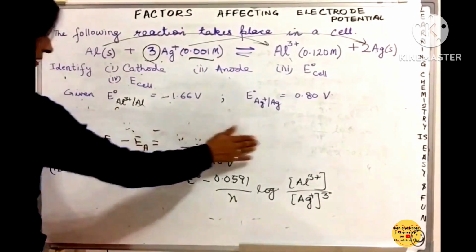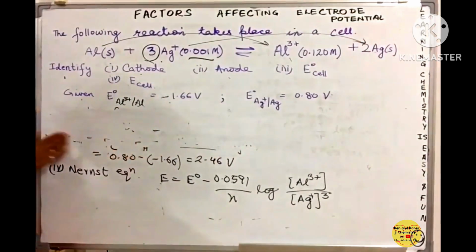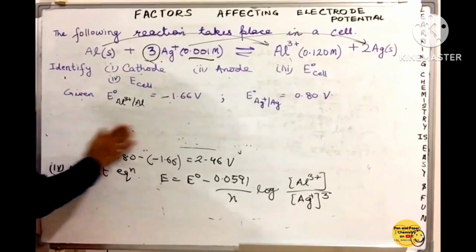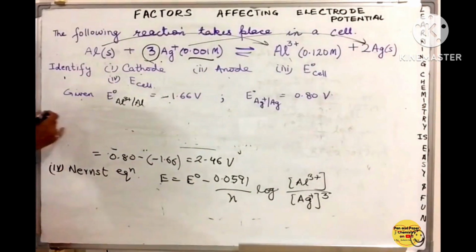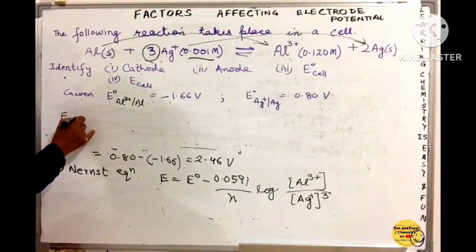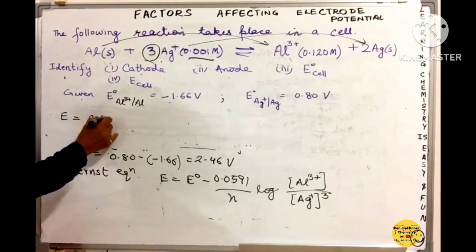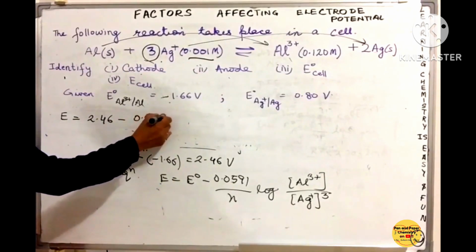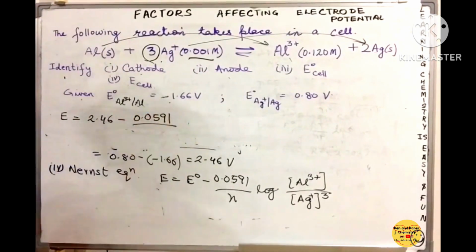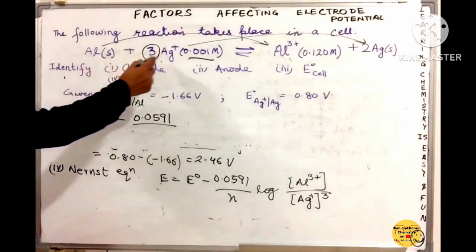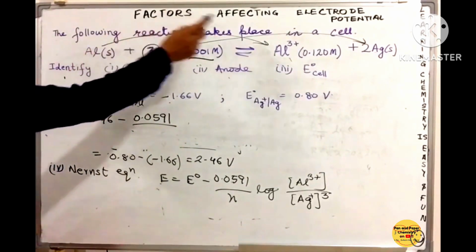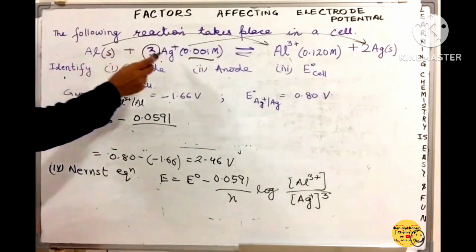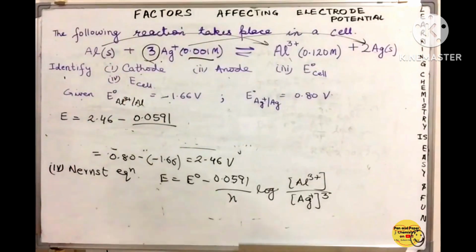We got the EMF of the cell and I will need it, so let me leave it here on the board. So E is equal to E naught, which is 2.46, minus 0.0591 upon how many electrons are involved over here? Aluminium is losing 3 electrons, silver is gaining 3 electrons.